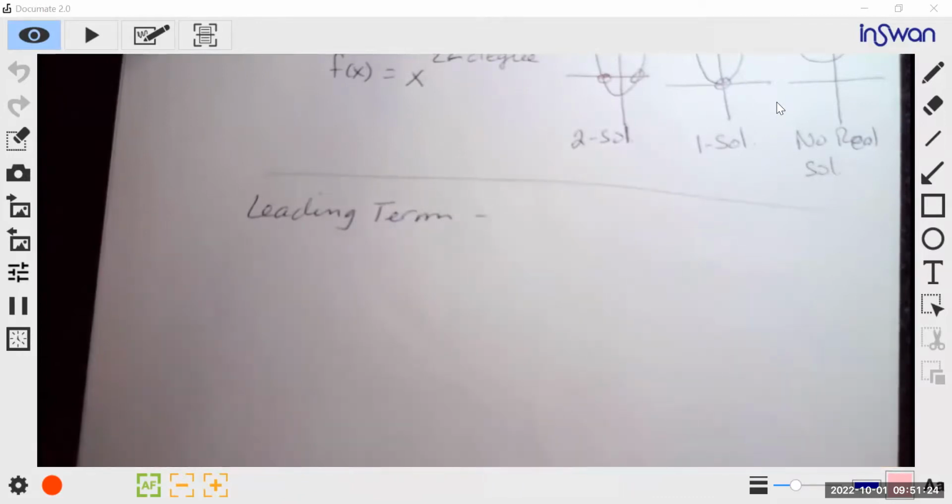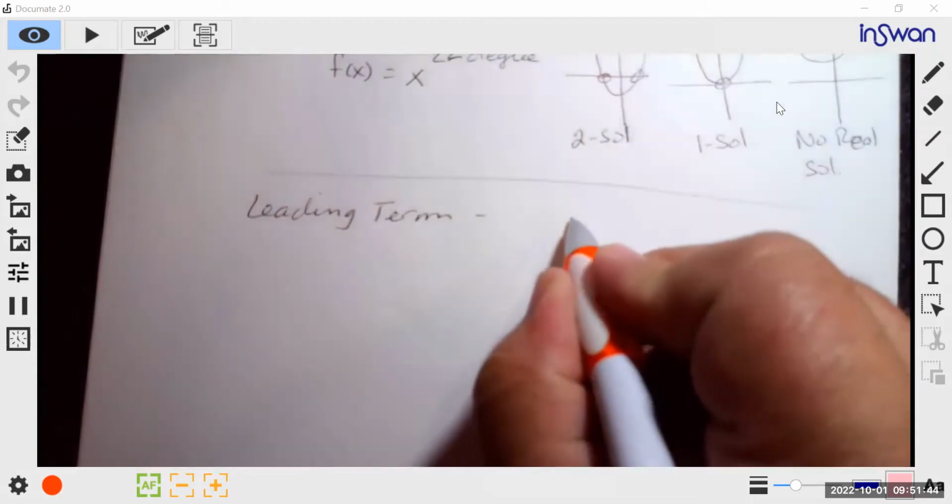What is a leading term? What do you think leading term means? It's the, yeah, it's the first one of the equation, right?